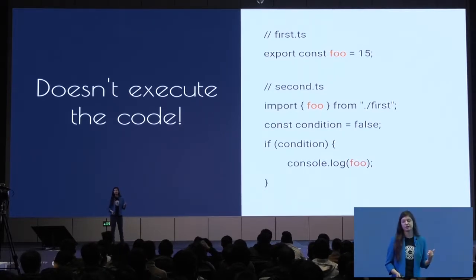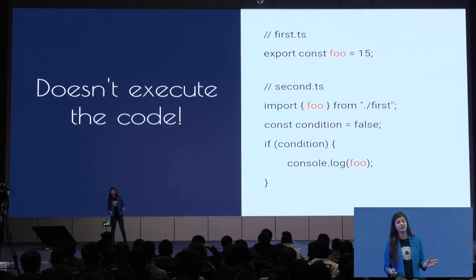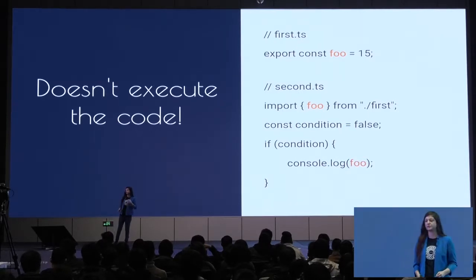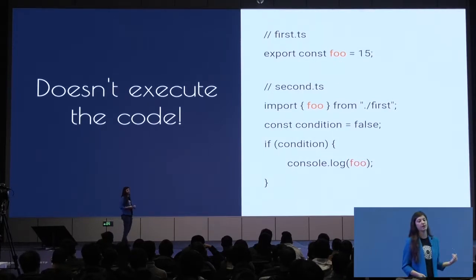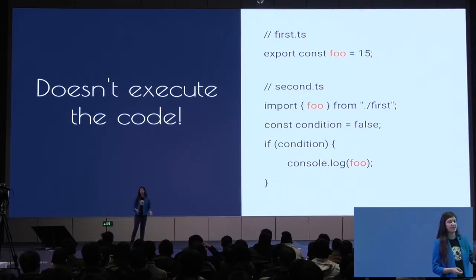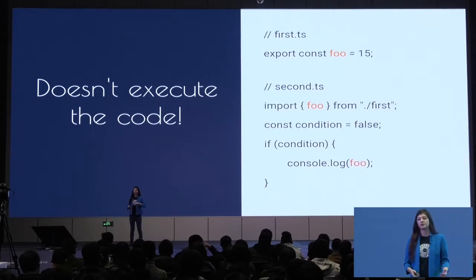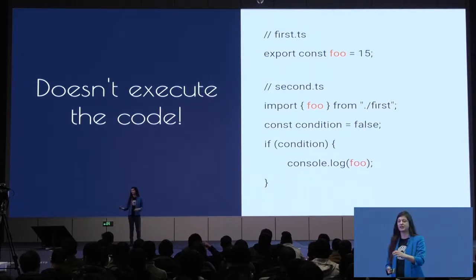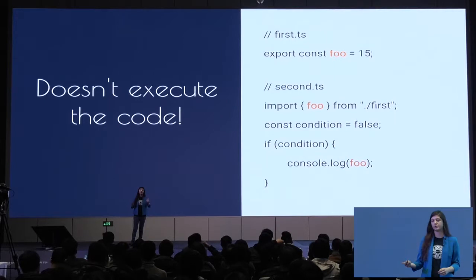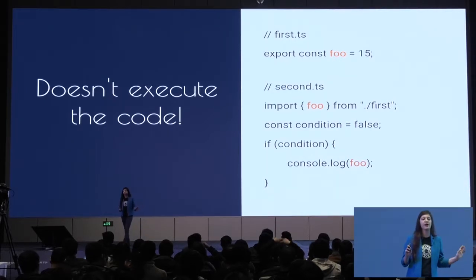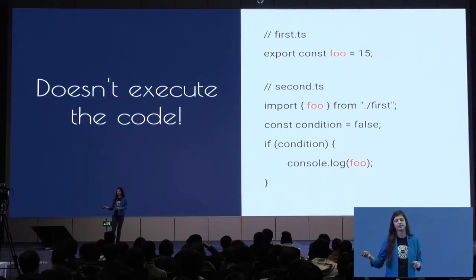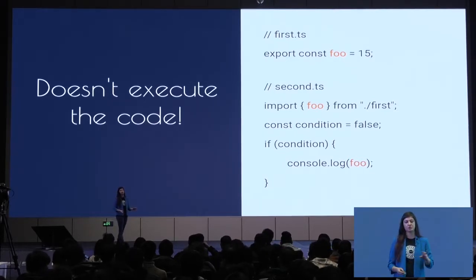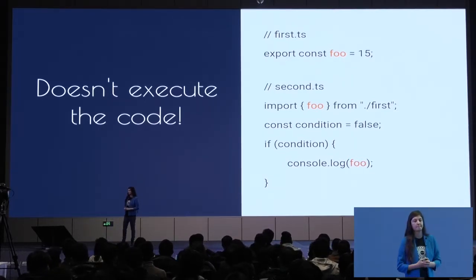So actually, foo is never used in our app. But the tree shaking tools don't know that. They can't execute the code, and they only perform a static analysis. They see that foo is imported, therefore someone might use it. Therefore, the export const foo will still be in our bundle.